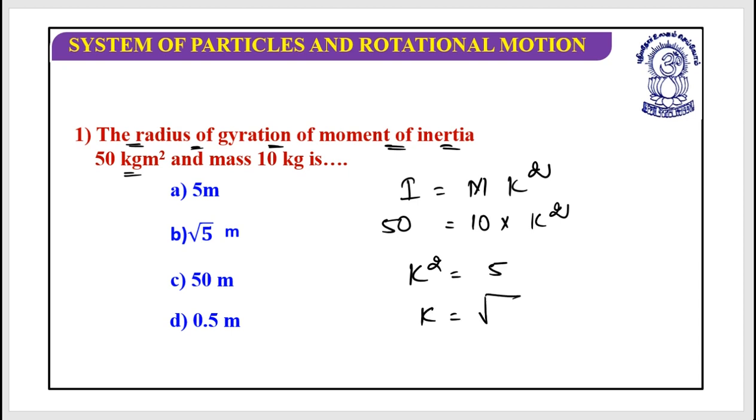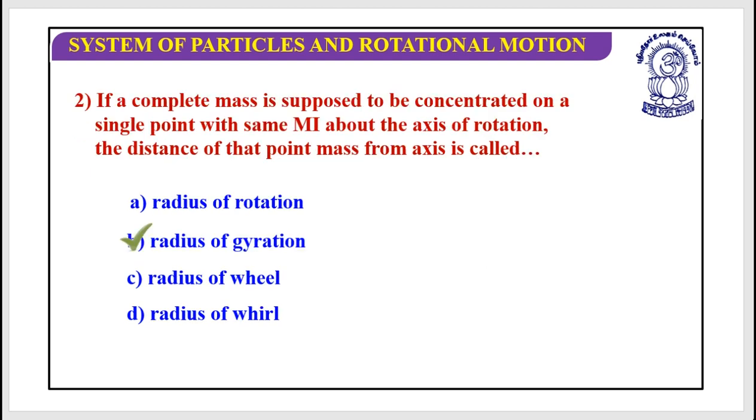And so k should be equal to root of 5. Yes, the unit definitely would be there. It would be root of 5 meter. So now, does it make sense and is it clear? Do you understand this stuff? Are you sure? Great. Let's work on the next question.